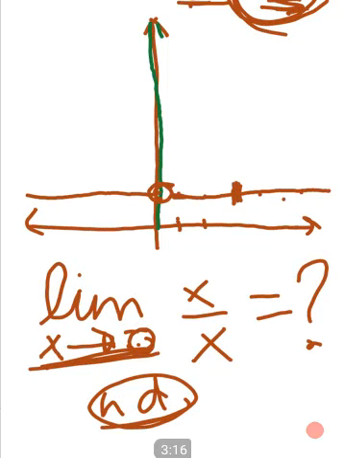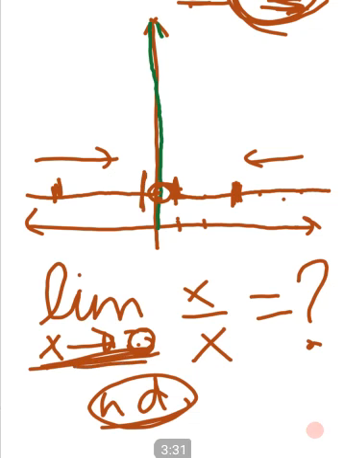Suppose first our x is here and we push this to the left, or suppose it's here, we push this to the right until we get, say, this much close. So when x goes near and near to 0, the function is still 1. But when it just reaches 0, the function is not defined. So the answer to this limit is 1.